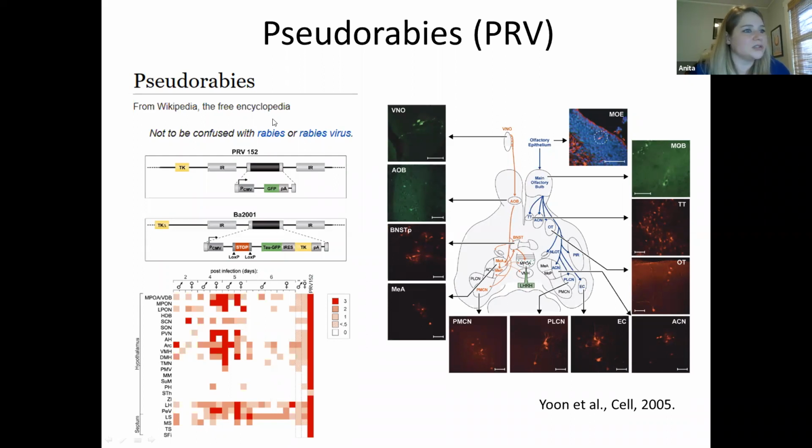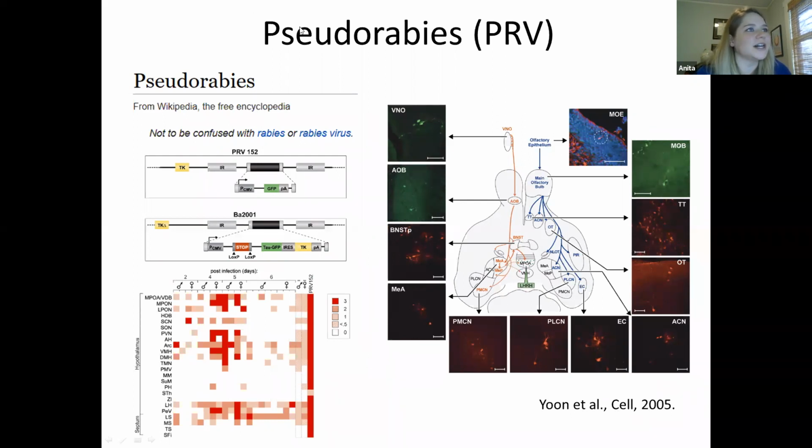Pseudorabies is really tricky to work with. It's very toxic to cells. There are engineered ones; Bartha is what BA stands for, that's the person who engineered the pseudorabies viruses for tracing. So I just wanted to highlight one case where they've used tracing. In the literature, I haven't seen pseudorabies used recently.